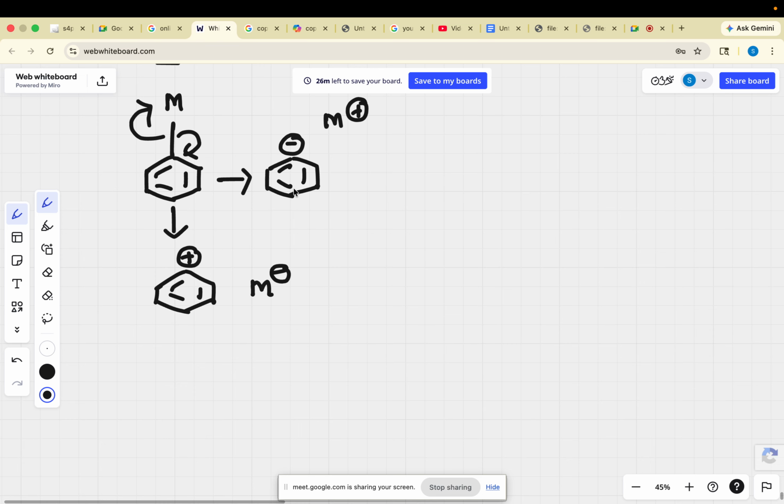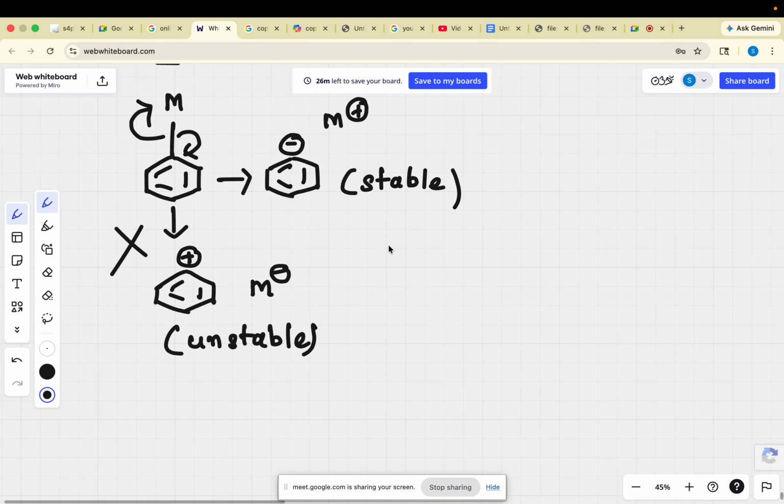First one. As I told, if you have sp2 or sp hybridized carbon atom, they are electronegative in nature, so they will always occupy negative charge, not positive charge. So this one is stable, this one is unstable. The bond will break like this.